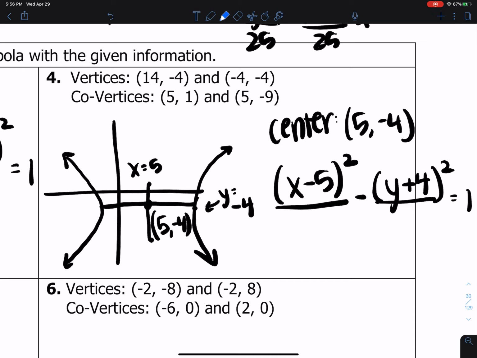So from 5 to 14, or 5 to -4, that's 9. So 9 squared would be 81. And then from -4 to -9 would be 5 units. So 5 squared is 25.